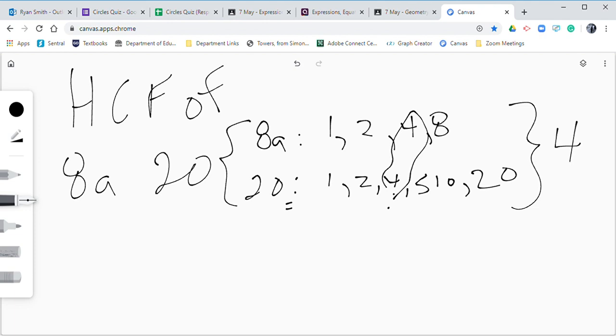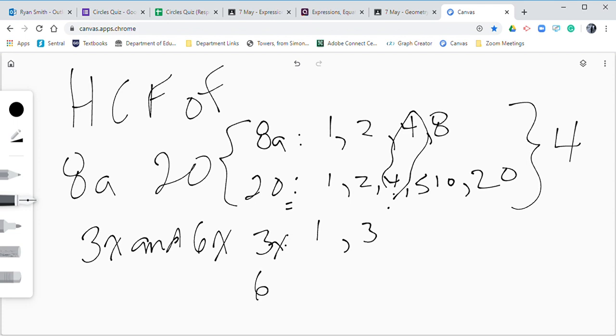If I asked you the highest common factor of 3x and 6x. We can get to 3 by saying, okay, 1 and 3. I can't think of any other ways to multiply to get to 3.